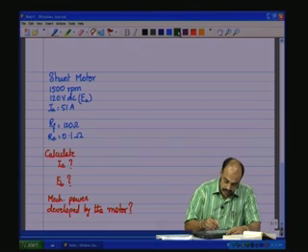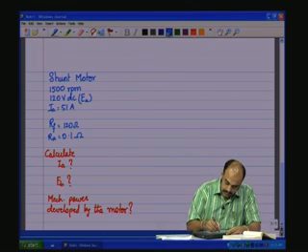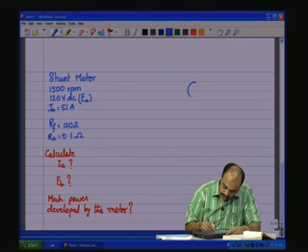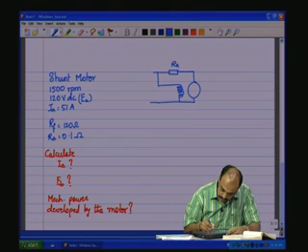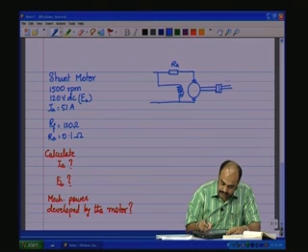Okay. Now, we know that the schematic is like this. This is a shunt field. We have RA, we have the field winding, the brushes, and the mechanical load is connected in this fashion, at the terminals of the motor.